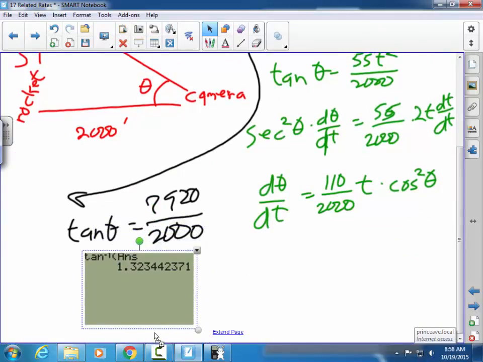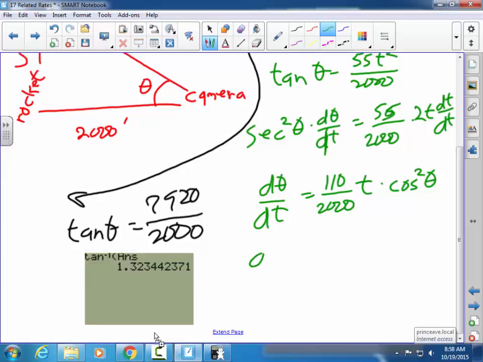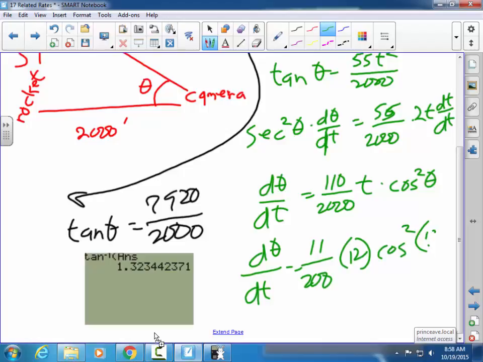So we're just going to use that angle over here, and we're going to say d theta over dt equals 11 over 200. t is 12, right? Cosine squared of 1.323. Secant squared is 1 over cosine squared, right? So instead of dividing by 1 over cosine squared, I'm just going to multiply by cosine squared.